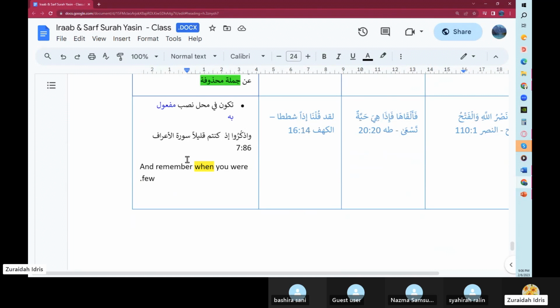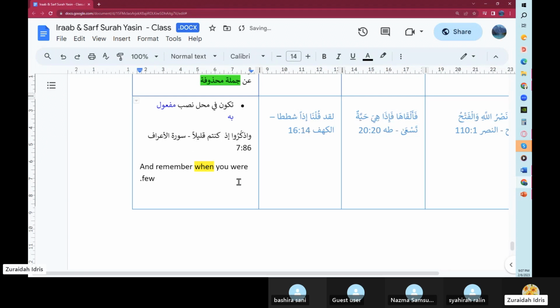Remember is not only a zarf zaman, but whatever follows it becomes mudaf ilayh, so it's like an idafa thing. Idh kuntum qalilan. Sorry, this is the surah, this is not part of the ayah.